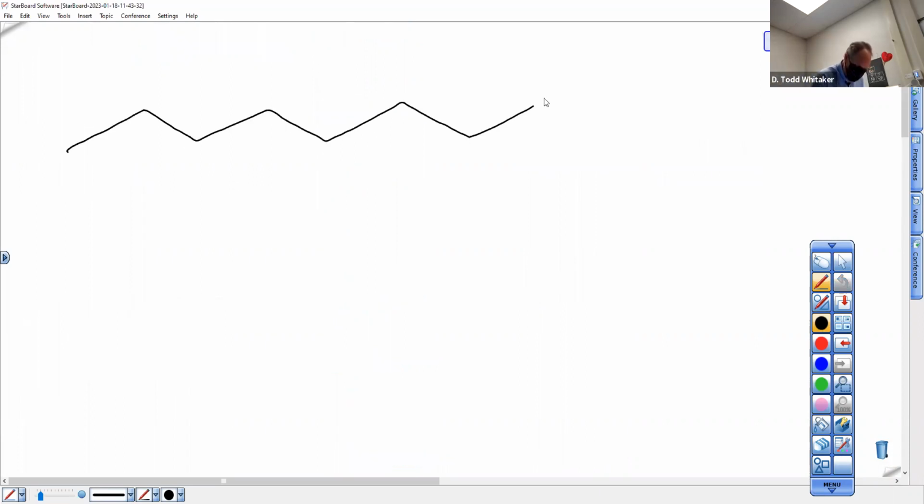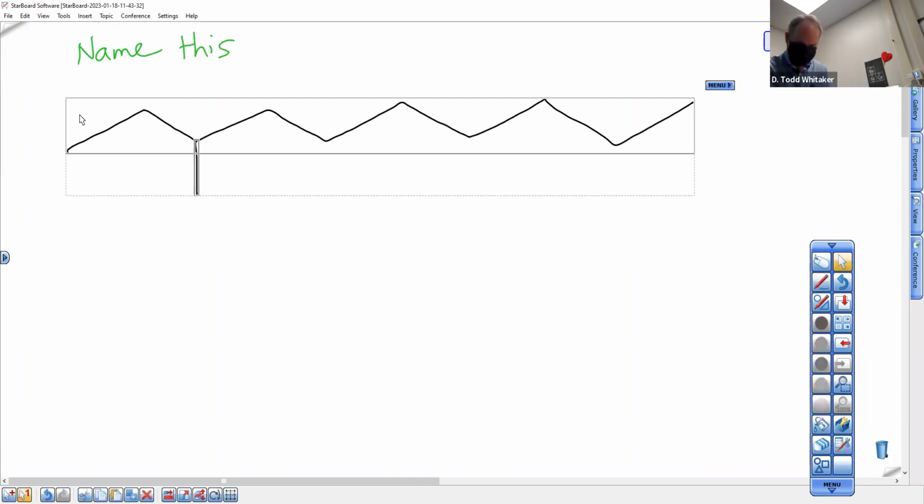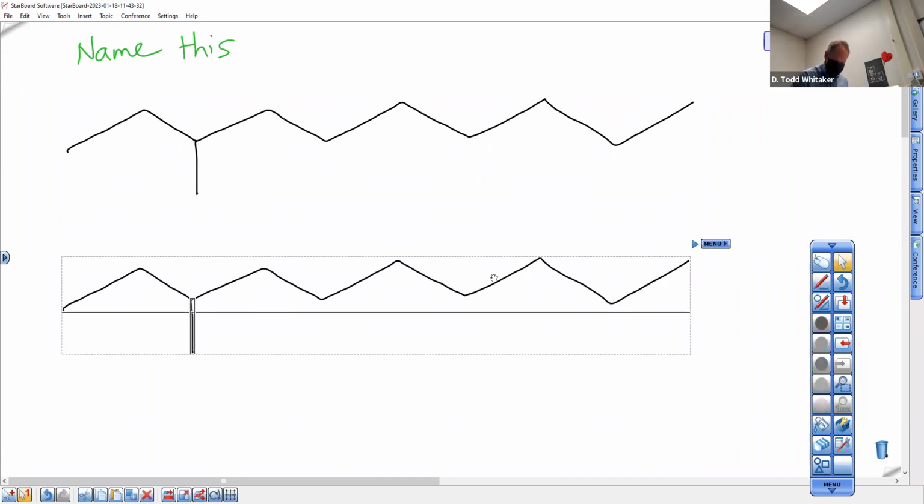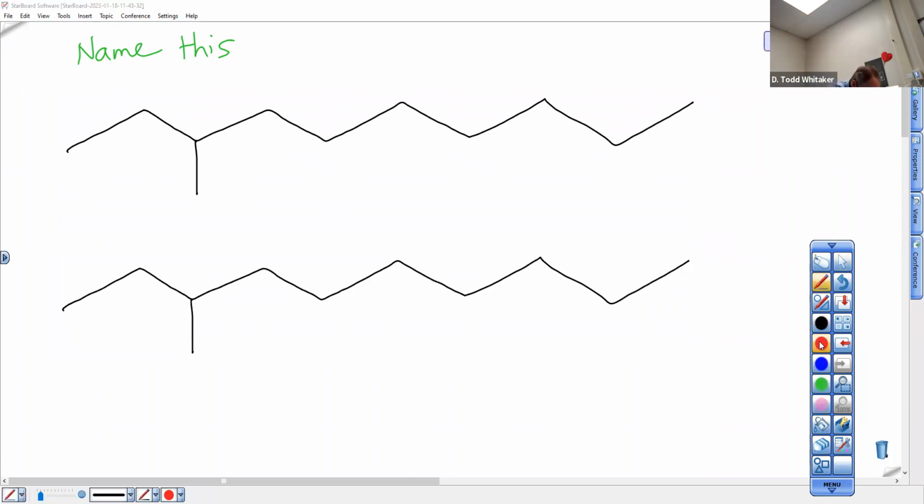So we're going to name this molecule. Question 1 is, what is the longest chain? If you start here, you're not going to get the longest chain.